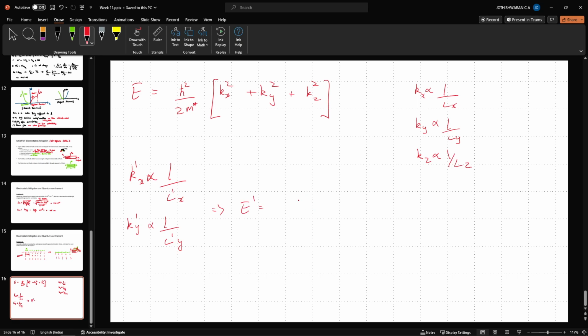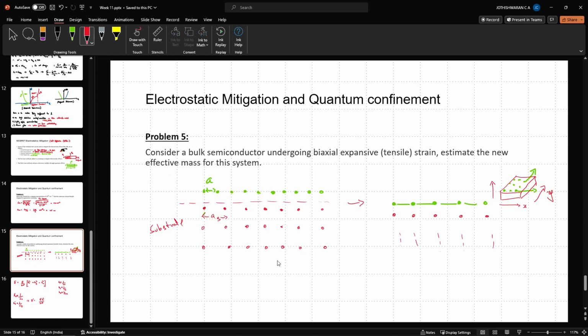So this implies E dash is equal to h bar squared kx squared by 2. Now let me call the z direction the longitudinal direction.